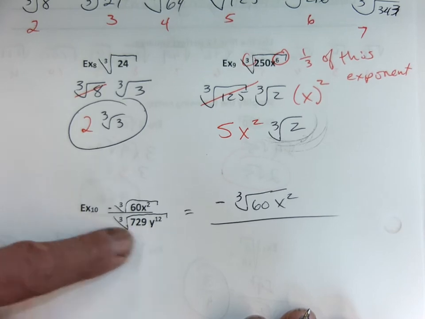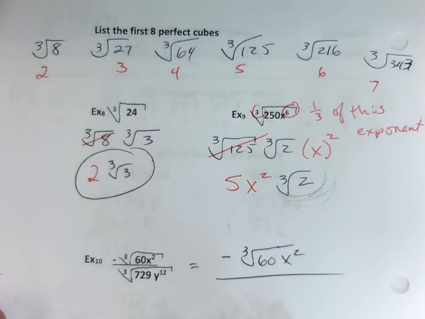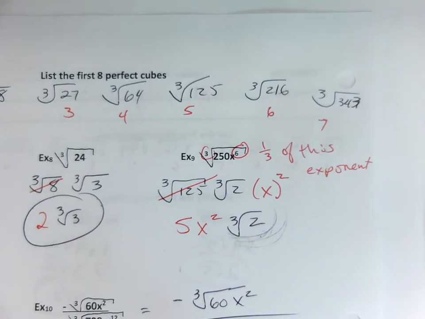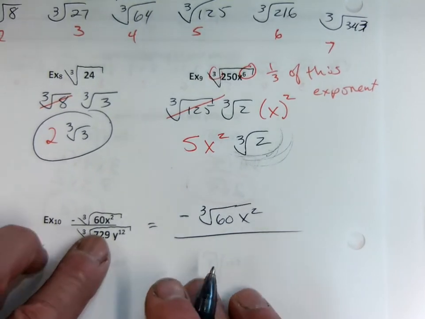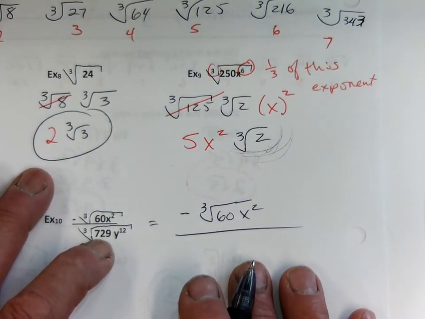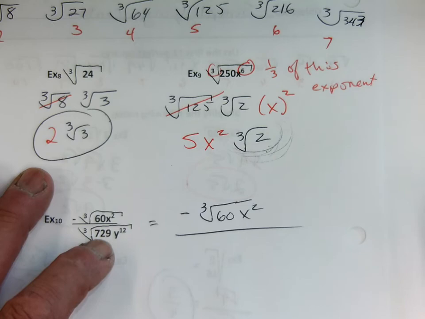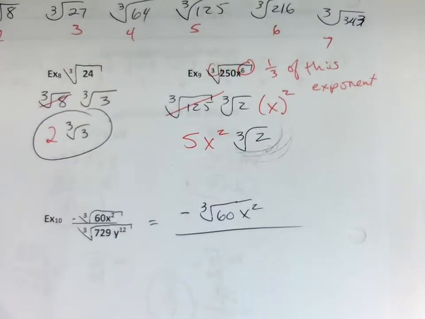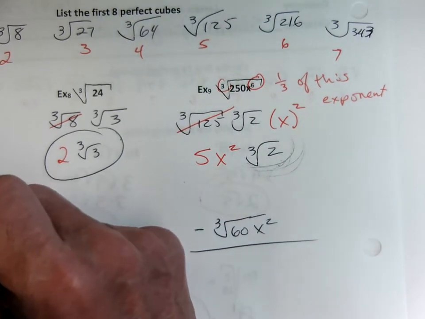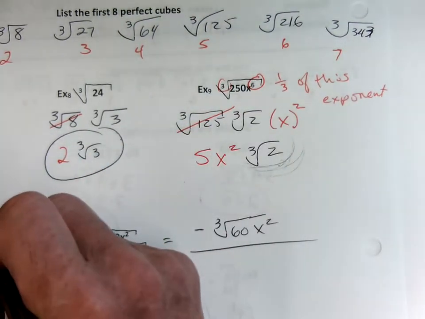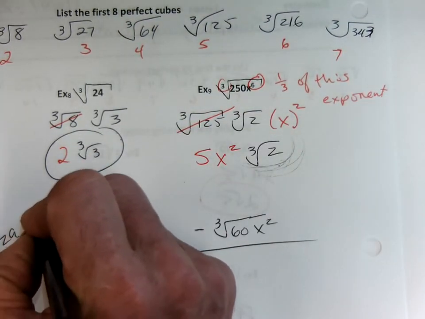But on the bottom, cube root of 729. I think that is a perfect cube root. Maybe. Oh wait, it's 9. I think it's in our notes, right? I think the cube root of 729 is 9. It's in our notes.